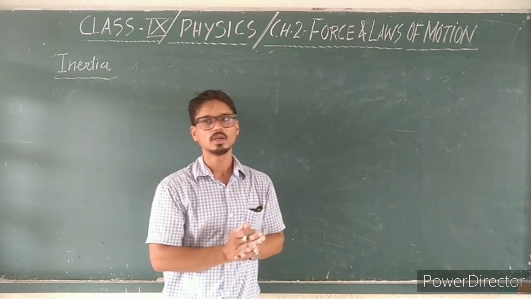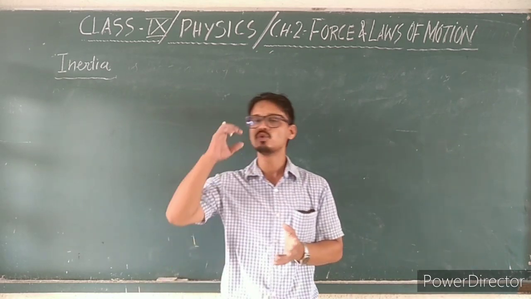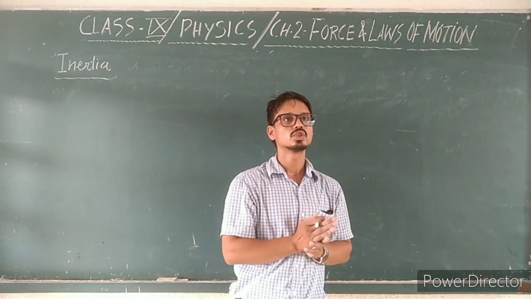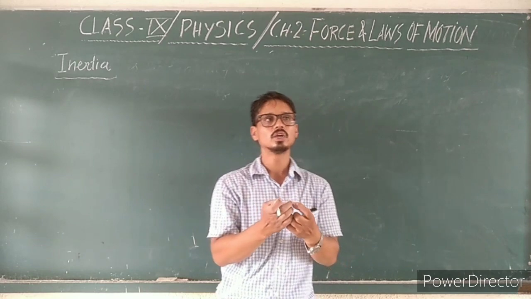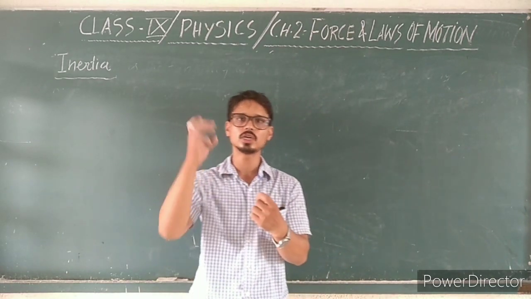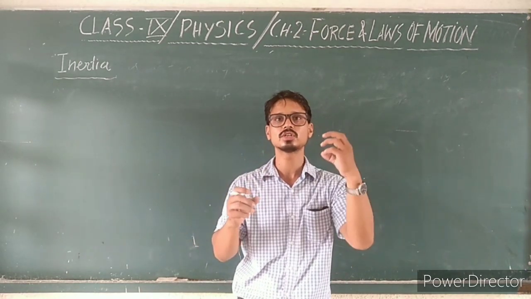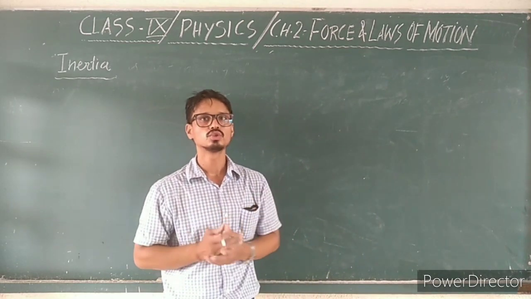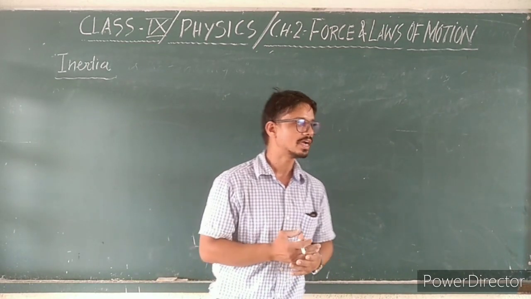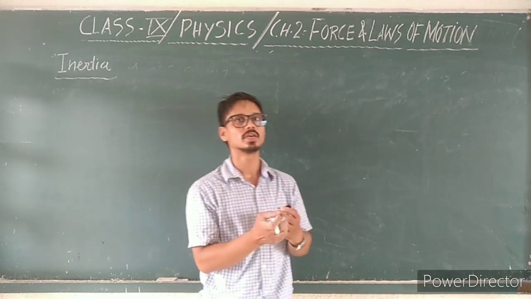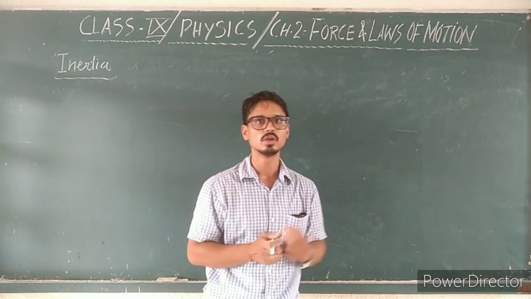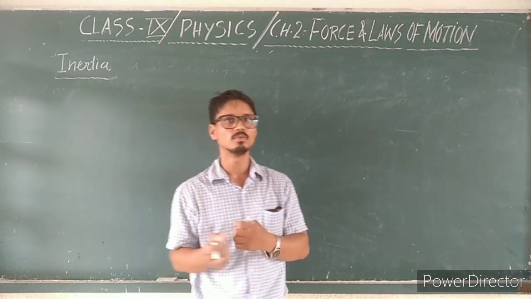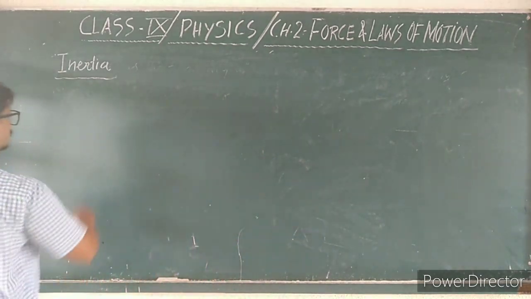And in the same case, if an object is moving with a constant speed, it has a property to retain its speed. If you have to change its speed, you need to apply some external force on it to change its uniform speed. So guys, this is a basic property of any object, to remain in its state, whether rest or uniform motion. So we can write the definition of inertia.